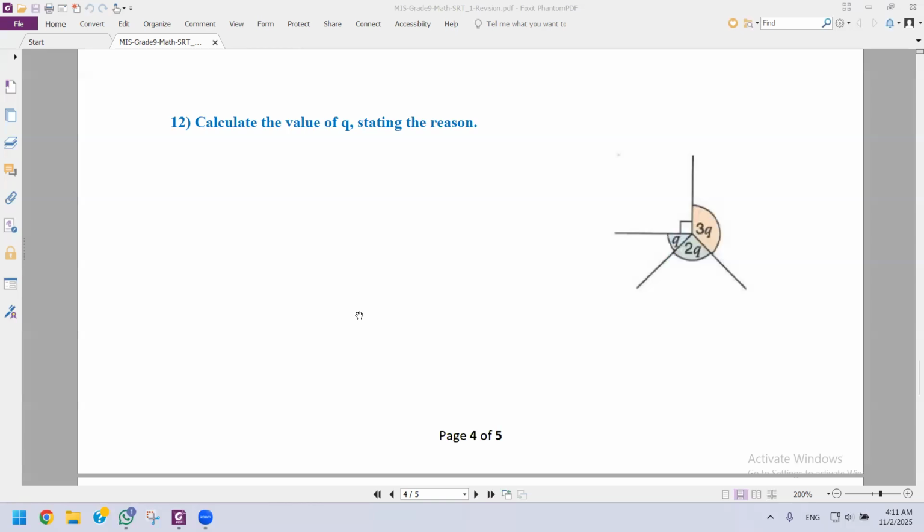Question 12. Calculate the value of q. This is 3q, 2q, q, and this is 90. How would I solve this? I will take all the angles. Look, all the angles, they create what? A circle. What do I know about the circle? It's 360 degrees. Let's write the formula. 90 plus 3q plus 2q plus q is equal to 360.